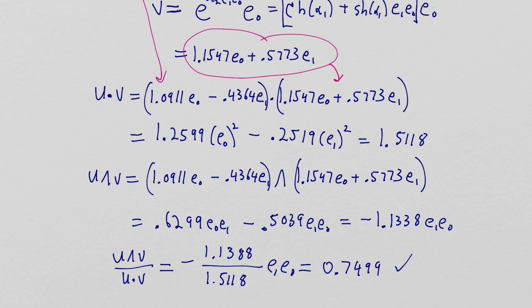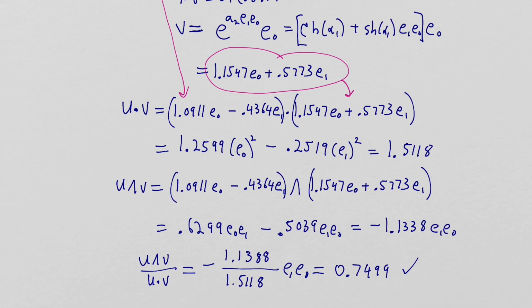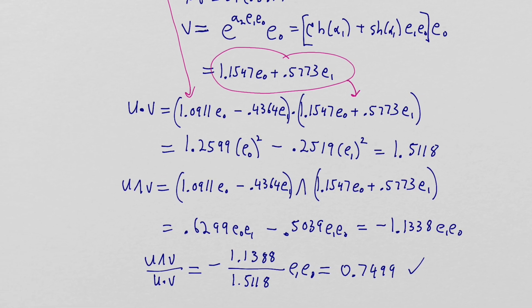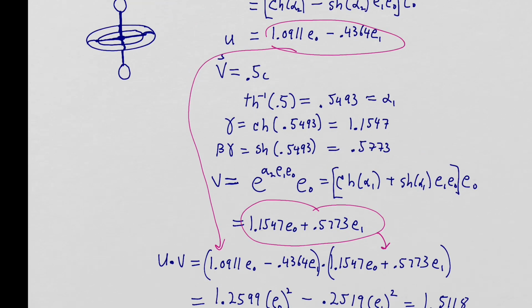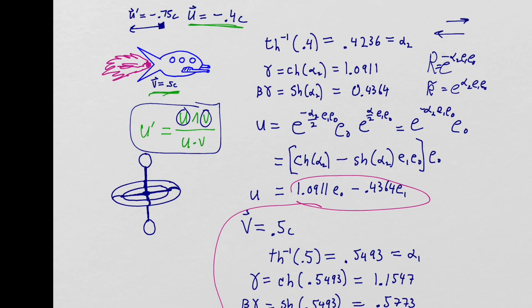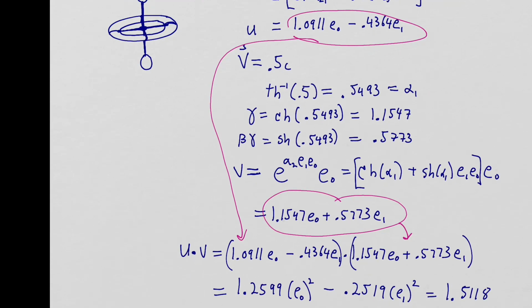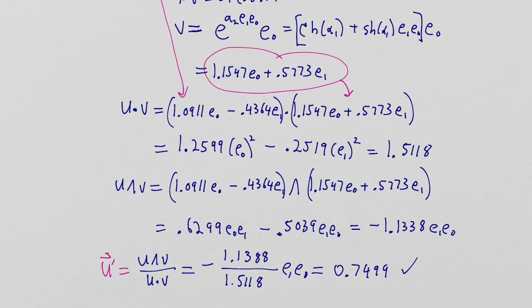Okay, so now we want to calculate, finally, we're after U prime, right? The relative U prime, right? And we're expecting that to be negative 0.75. And so, indeed, we can do this calculation.